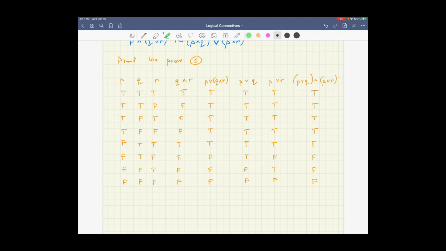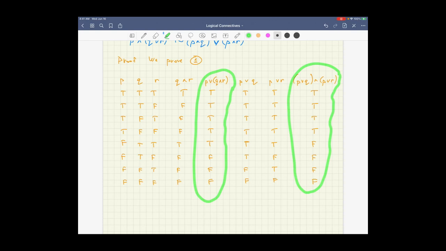Now we compare the two columns, the column for the left-hand side and the column for the right-hand side.